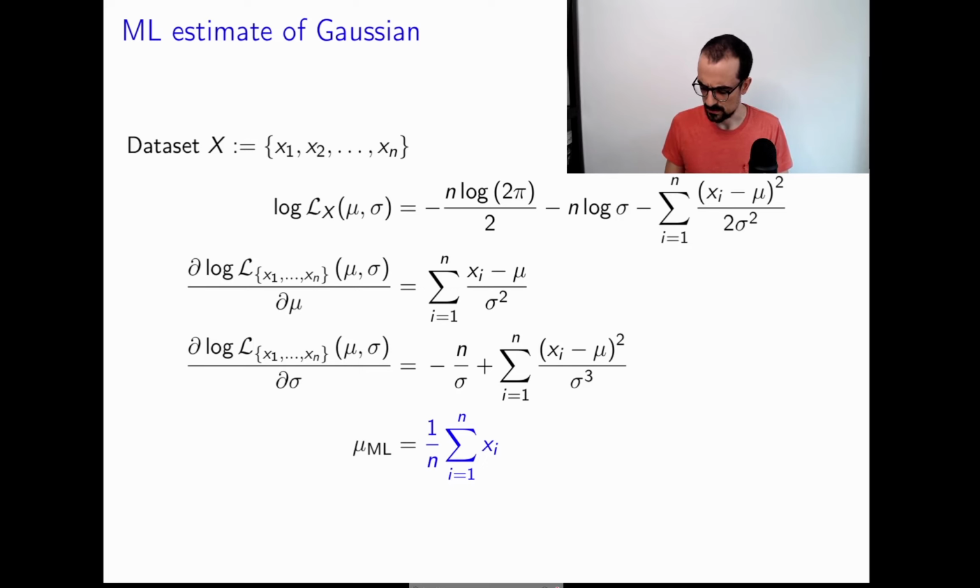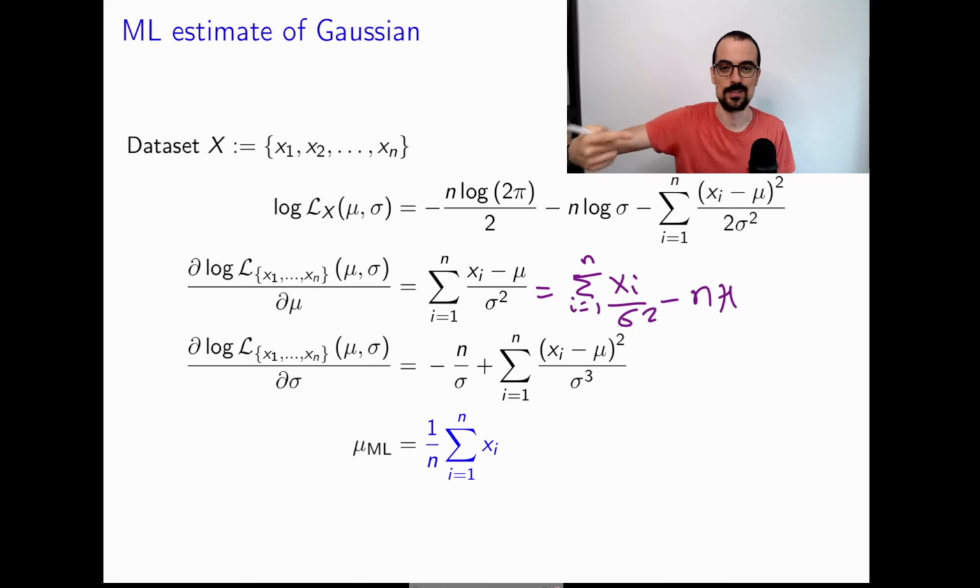Now I ask myself why, oh yes, okay, sorry. I always make this mistake. I'm going to write it out because I was getting confused myself here. This would be the sum of xi over sigma squared minus n mu, right? Because we have to add the mu n times, that's where the n comes from. I was looking at this and saying, well, where does the n come from? Okay, so it comes from there. So the mu is just going to be the average of the data.